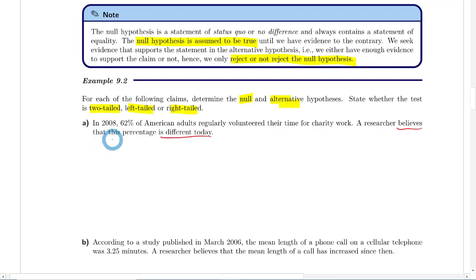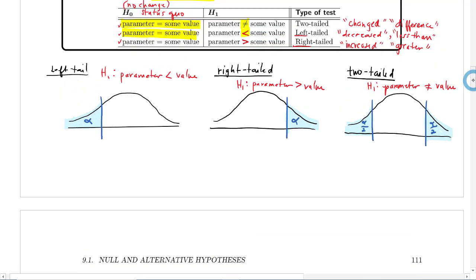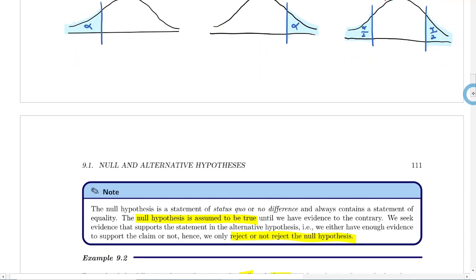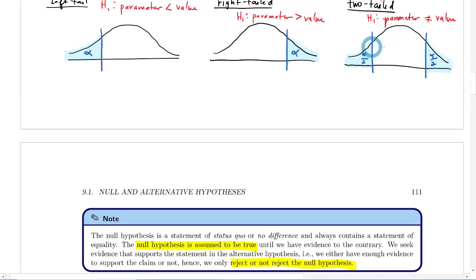First things first, the red flag is the word different. That should bring you back up here: if it just says different, it doesn't say decrease or increase, it's a two-tailed test. And it looks like this third case here.